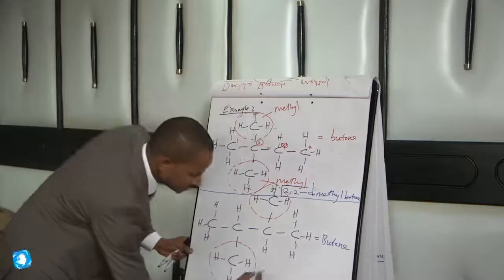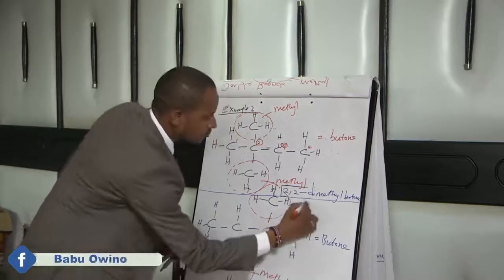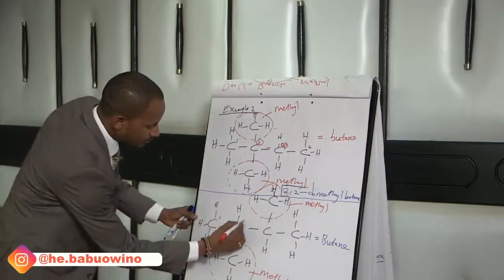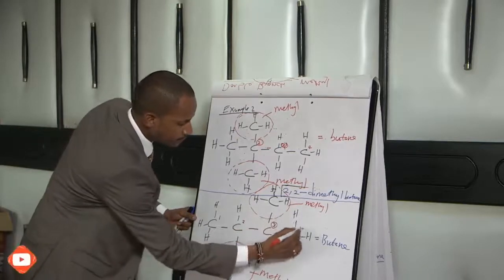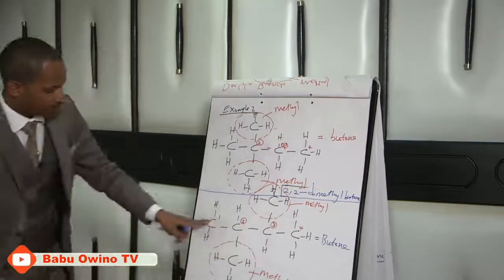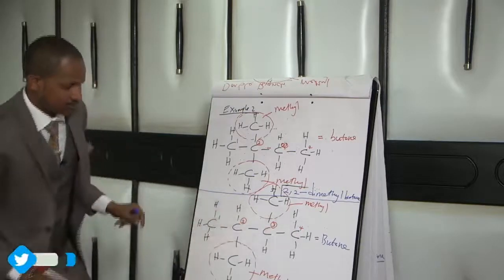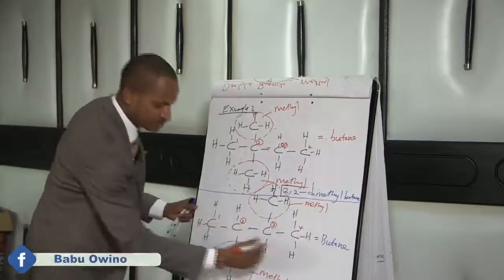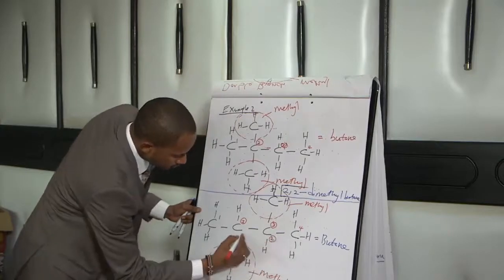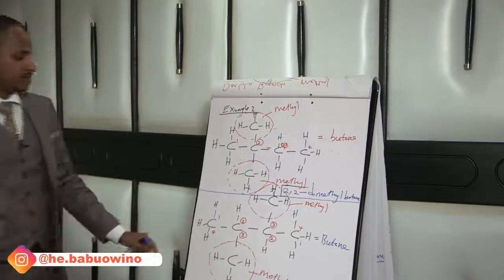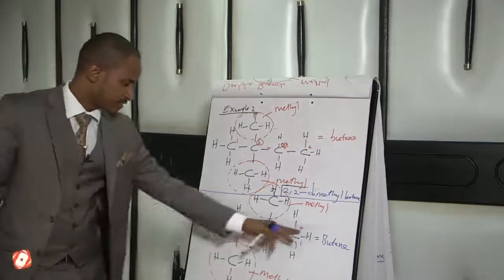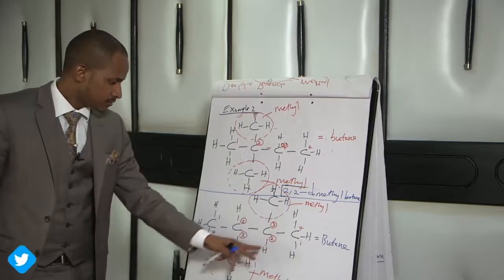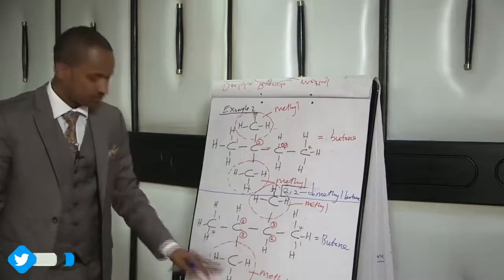This branch is a methyl branch. This is also a methyl branch, but which carbon atom does it lie on? You start here 1, 2, 3, 4. It lies on this and this. Again, you can also number it from the other side, 1, 2, 3, 4. So you notice, class, that when you go like this, it lies on the second, the first branch, and third, the second branch, or the second, first branch, and third, second branch.